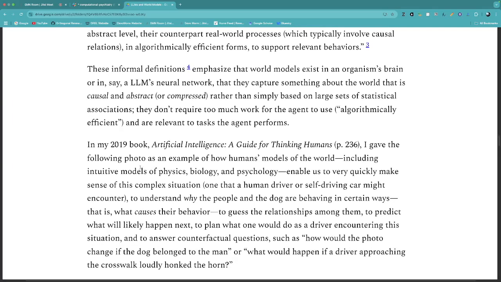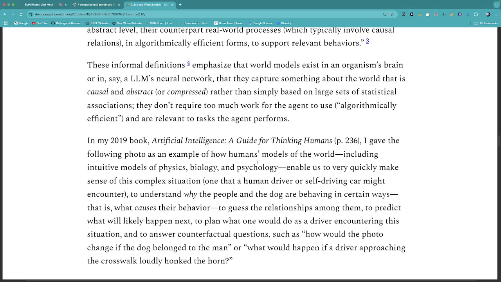Melanie Mitchell is the author of Artificial Intelligence: A Guide for Thinking Humans. In this book on page 236, she gives the following photo as an example of how humans model the world, including intuitive models of physics, biology, and psychology, which are these kinds of models that we develop in development, or have as default models of physics, biology, and psychology.